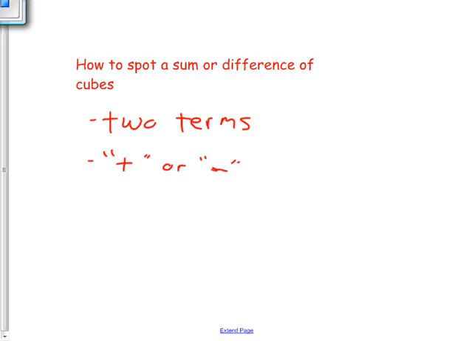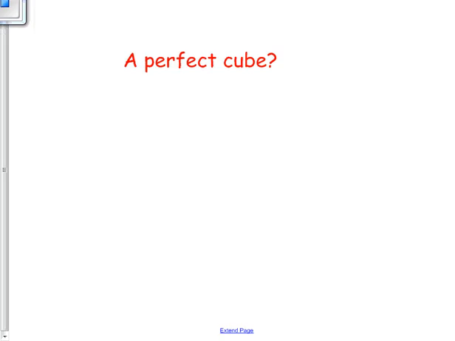And instead of perfect squares, this time we have perfect cubes. I know you all probably know what a perfect cube is, but it's any number we can take a cube root of.